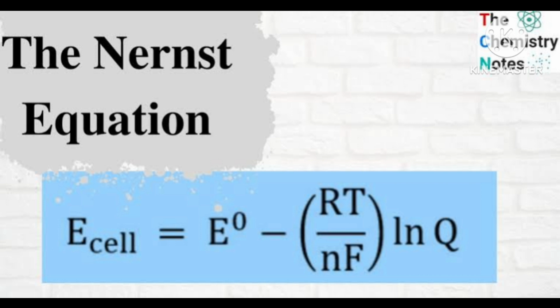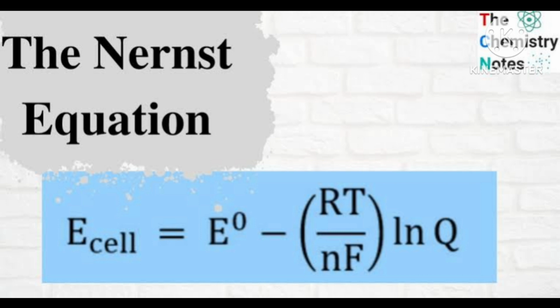Here log x minus log y is given: log 1 upon Zn plus plus, you consider as x, and minus log 1 upon copper ion, you consider as y. Then it became log x minus log y.